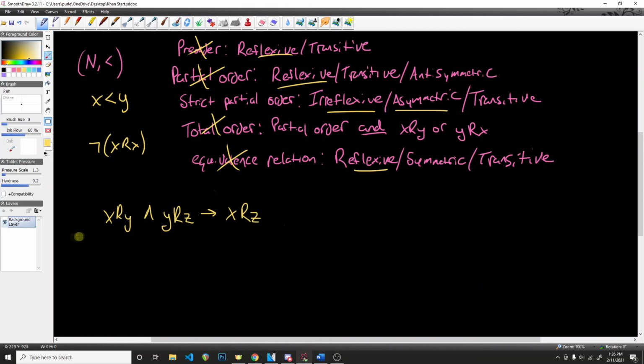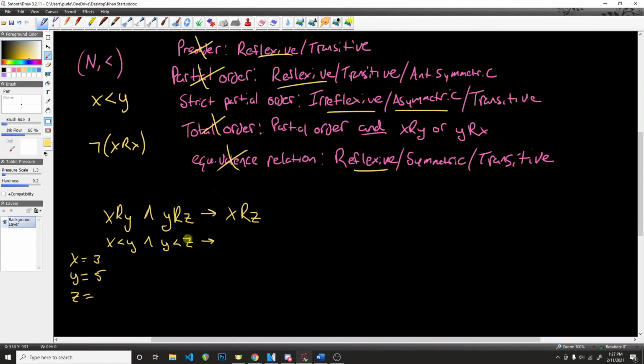And again, we can pick some random numbers. Again, this is not a proof, but we're kind of thinking it to ourselves. Is it possible or even likely that this is the case? Now note, we need a number where x is less than y and a number where y is less than z. And we have many options to pick from. I'm going to say that x is 3, y is 5, because x is less than y.